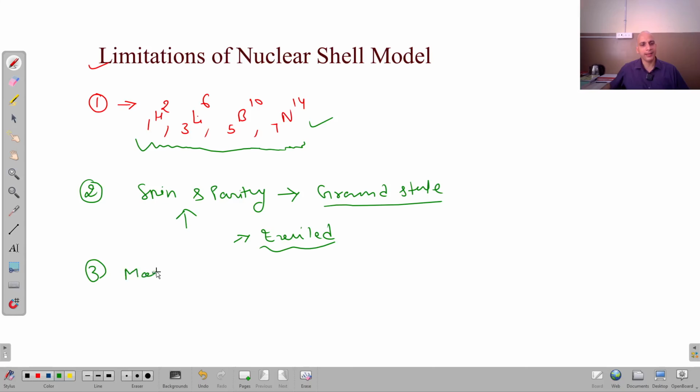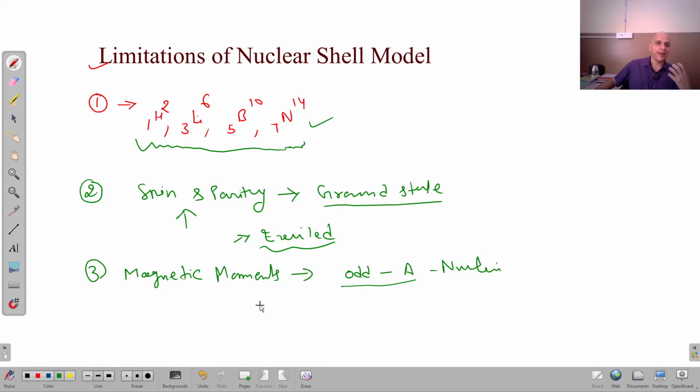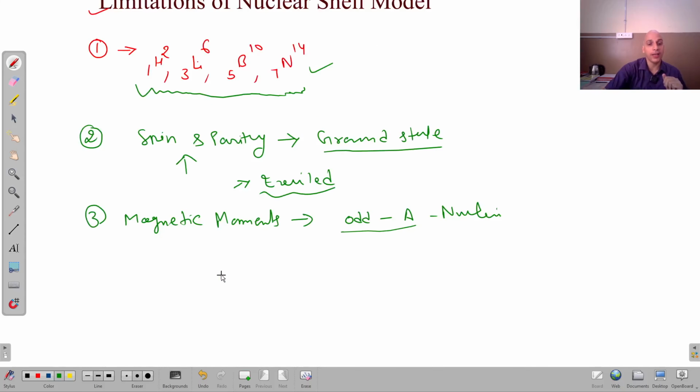We know very well that the shell model was capable of calculating the magnetic dipole moments of different nuclei, and particularly odd A nuclei. I have given you the formula for the calculation of the magnetic dipole moment of a particular nucleus, right? But when we did experimental measurements of the magnetic moments of different nuclei, it was found that even in the case of odd A nuclei, the magnetic moments calculated by that formula do not agree with the experimental observations correctly.